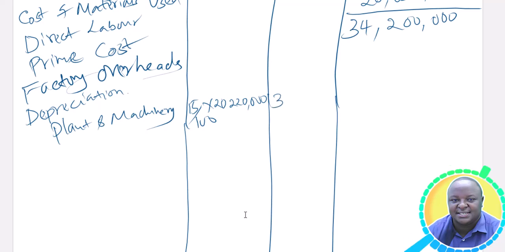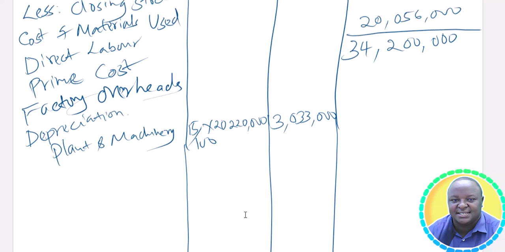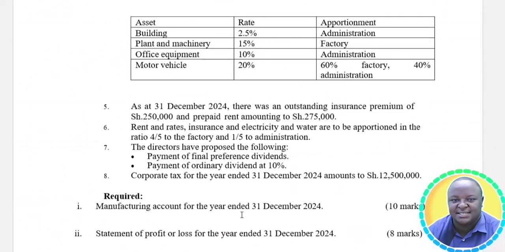That will get 3,033,000 on plant and machinery.